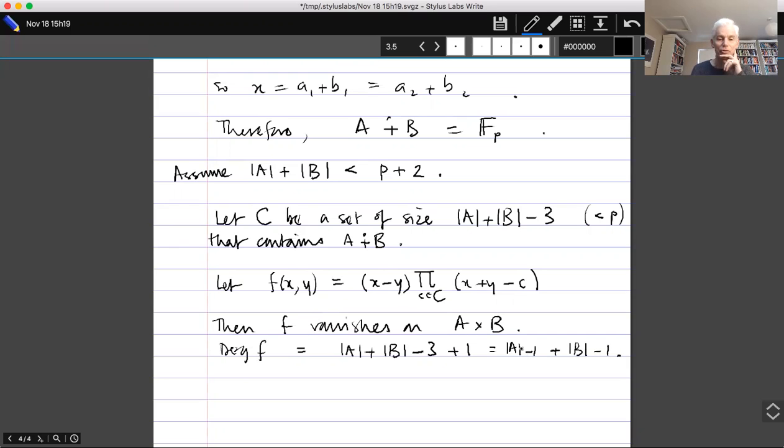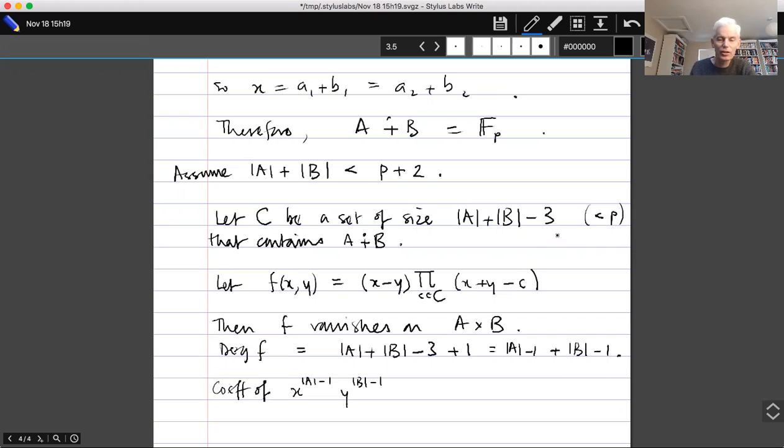So we'll be in great shape as long as we can show that the coefficient of x to the |A| minus 1, y to the |B| minus 1 is non-zero. But I've just done something wrong here.